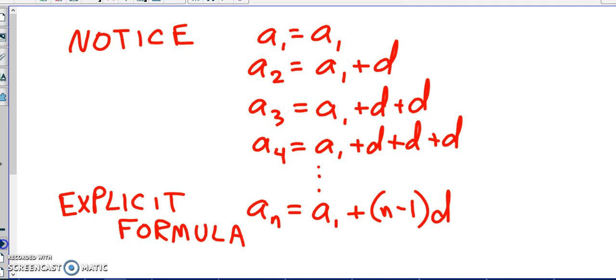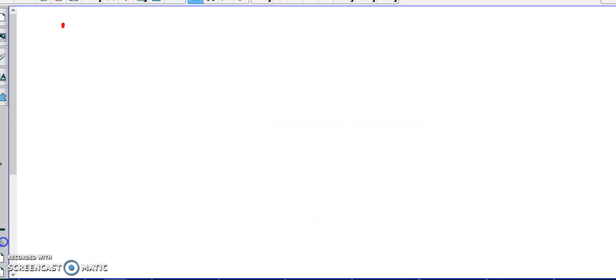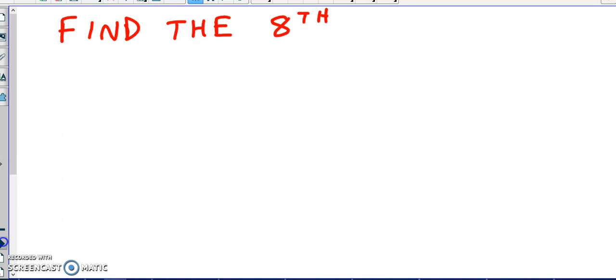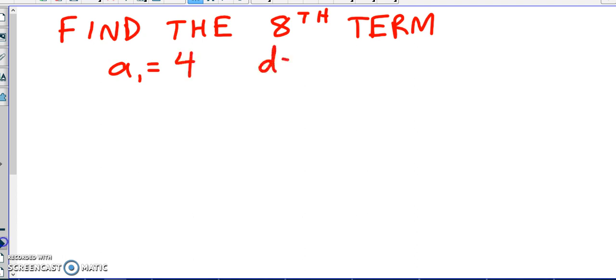So one thing we can do with this, find the 8th term of an arithmetic sequence with first term 4 and common difference -7.